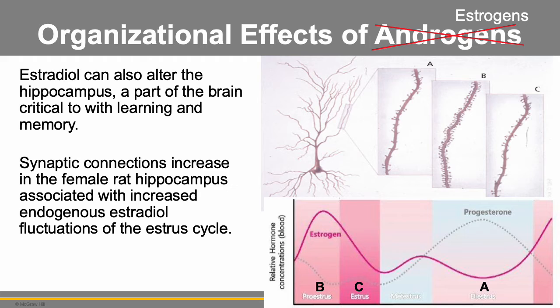And so it's thought that this association between high estradiol increasing the arborization of the hippocampus is going to increase the female's spatial memory ability, which will facilitate her mate choice in finding the male that she has chosen during a period where she is most receptive to the male and the most fertile.